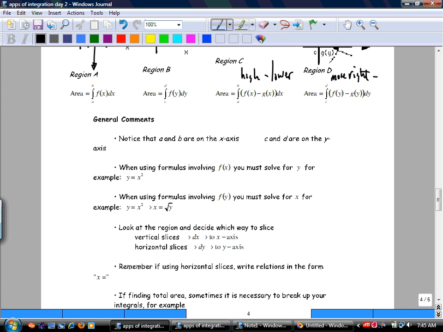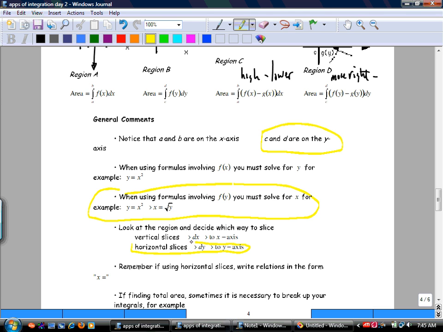So, I don't know if we can color code all this together, but C and D are on the y-axis. F of y, dy, all of this goes together.